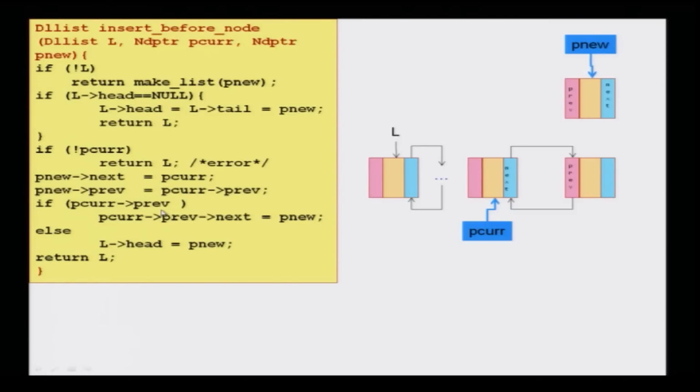Similarly, the node before P current has to point to P new. So, P current's previous, that node's next will point to P new, okay, and then you return the new list. So, this can be done by handling pointers carefully.